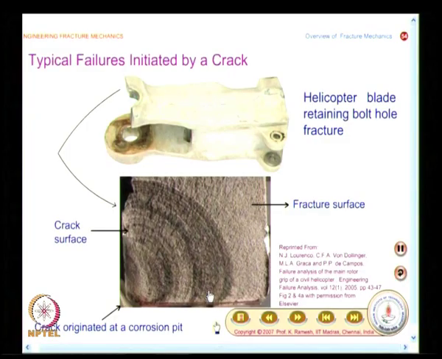Not only this, when you look at the crack, it also has a particular shape. When we want to do an analytical modeling, we would like to have simple geometric shapes, and you can really see that this could be modeled as a quarter of an ellipse. It is a corner crack, you have a corner here.